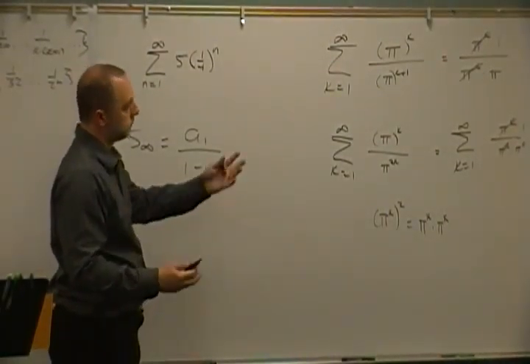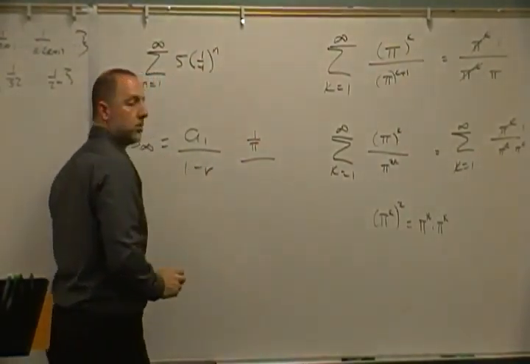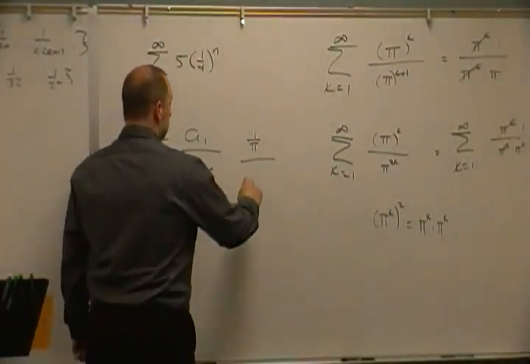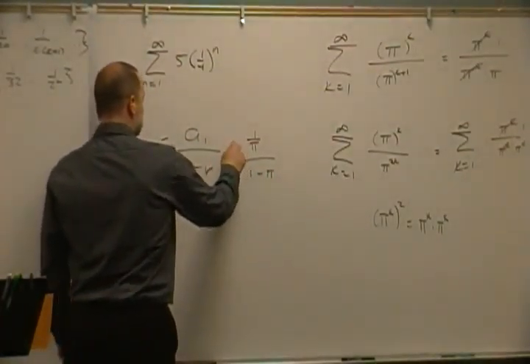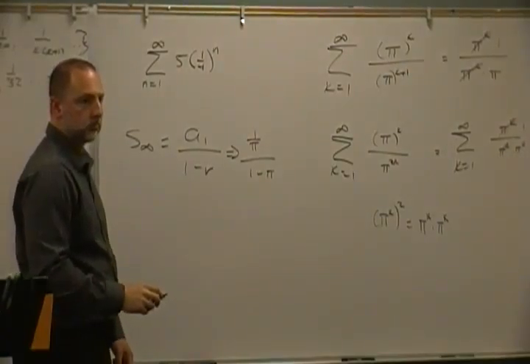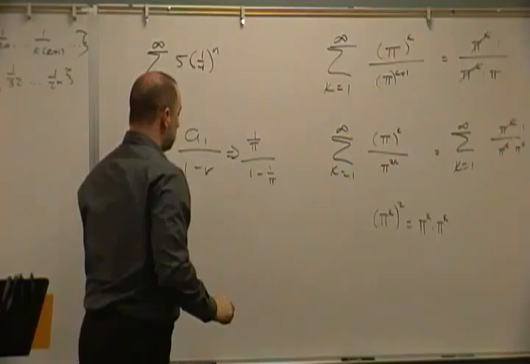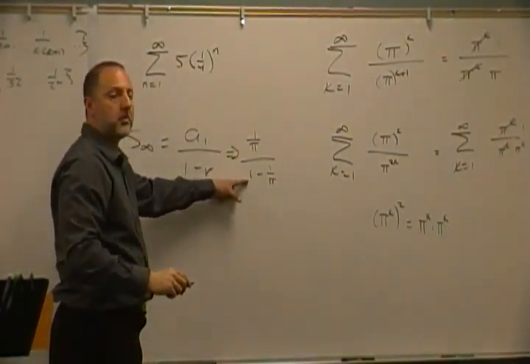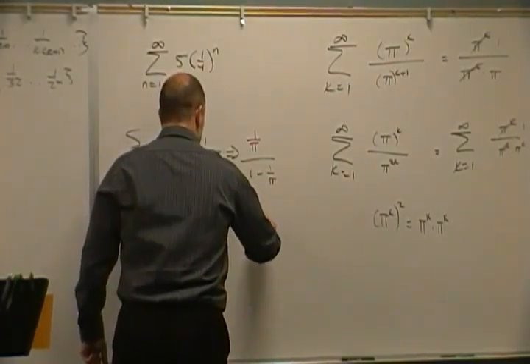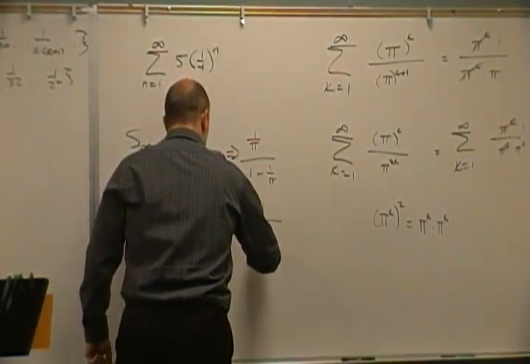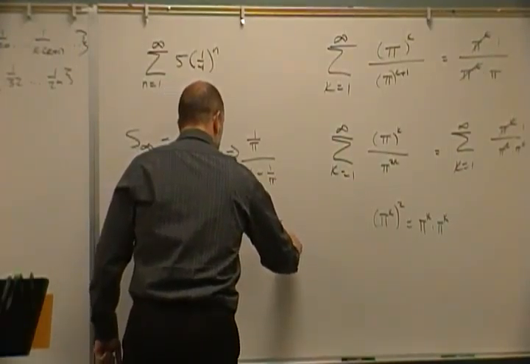What's our first term? 1 over pi, over 1 minus 1 over pi. Oh, thank you. I did it again. So let's bring this down to the bottom. Let's see if we can simplify this a little bit. So I have 1 over pi times 1 minus 1 over pi.